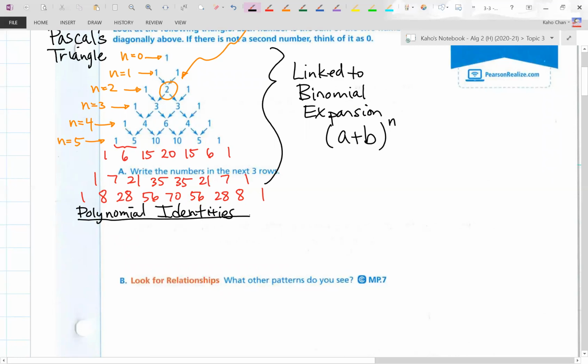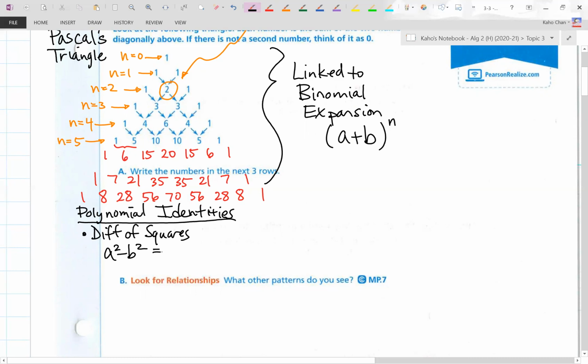They include the most famous, difference of squares. That's coming up. Let's write that down. So back in Algebra 1, you saw something like a squared minus b squared in many types of forms.